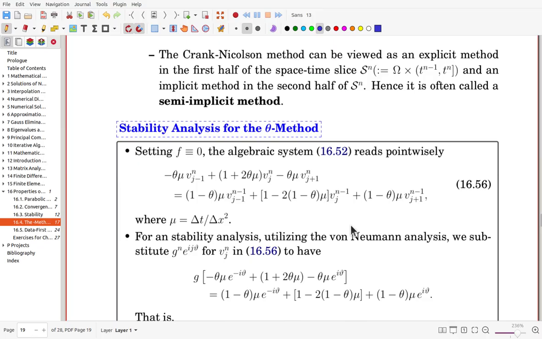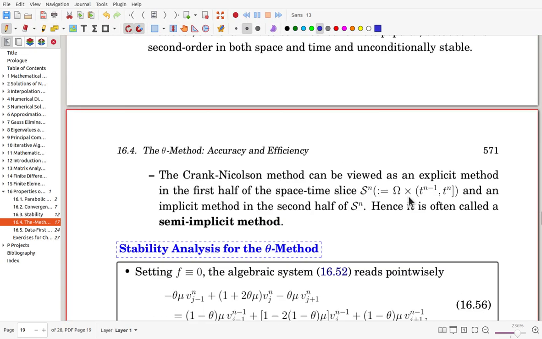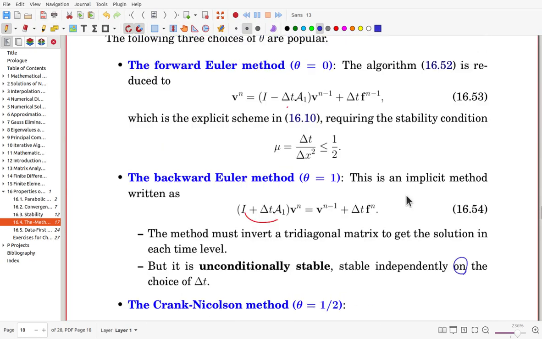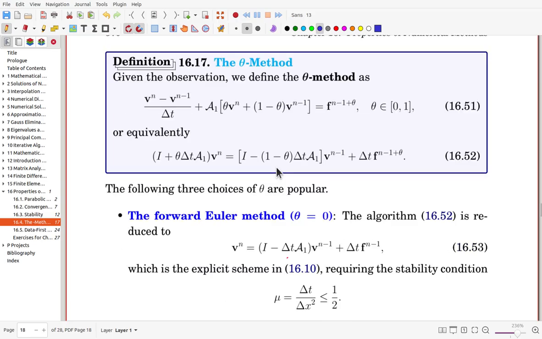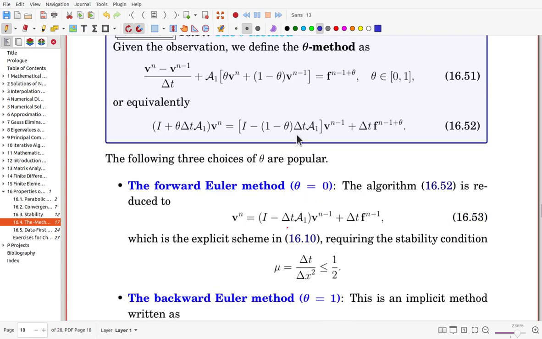Okay, let's see the stability of the theta method. With f, the right side, 0, the algebraic system, for this one, point-wise, we can write the detail.